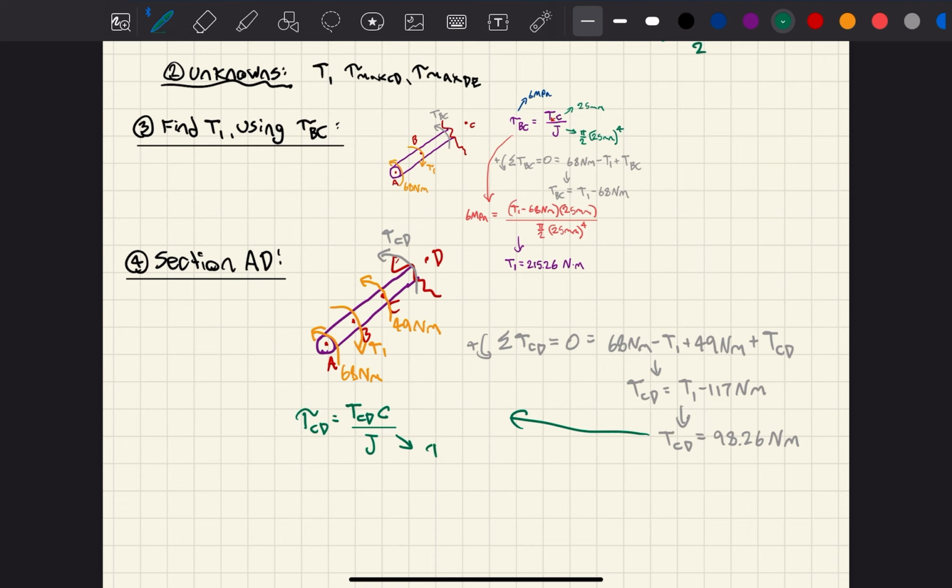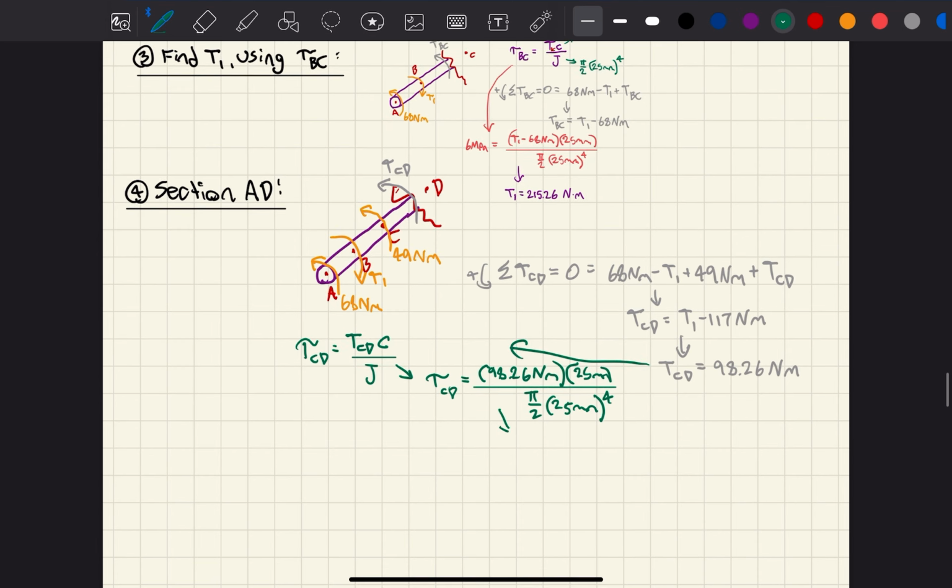And that is simply tau CD is equal to 98.26 Newton meters multiplied by, remember to convert the units, 25 millimeters divided by pi over 2, 25 millimeters to the fourth.